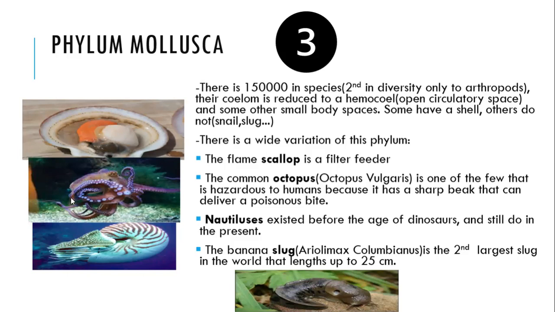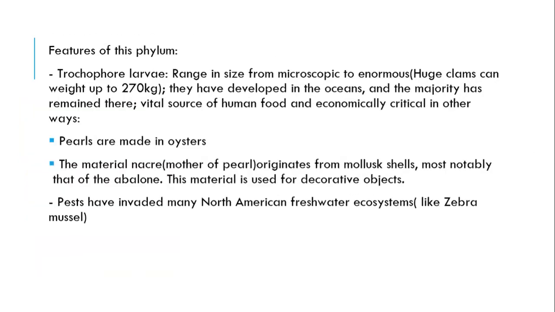We have also the nautiluses, which existed for a very long time before dinosaurs and are still existing today. And then we have the banana slug, commonly known as Ariolimax columbianus, which is the second largest slug in the world and can reach up to 25 centimeters. Additional features of this phylum are the trochophore larva.